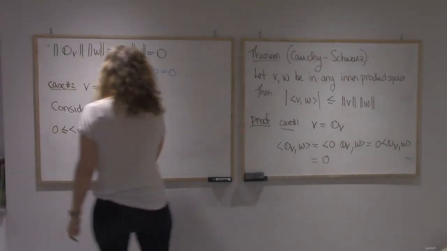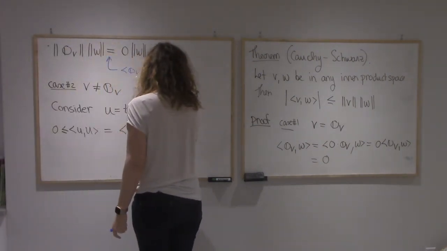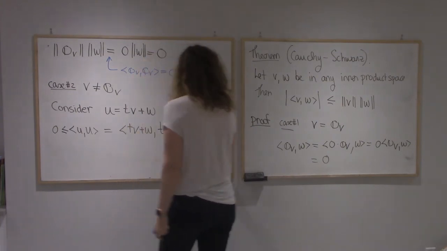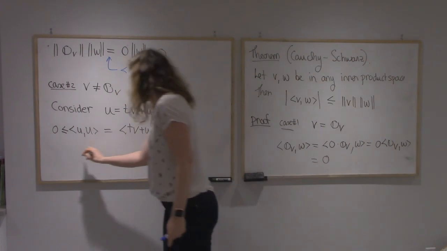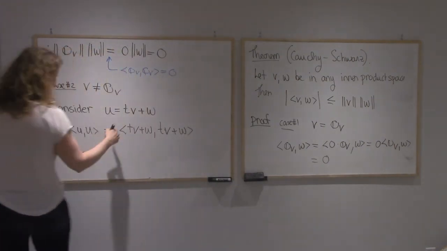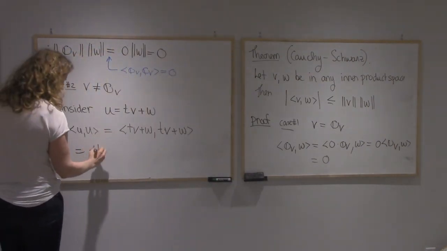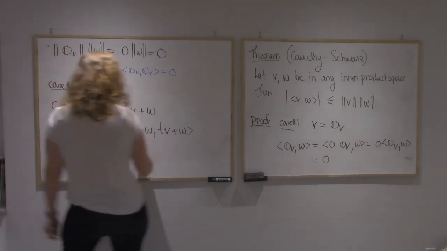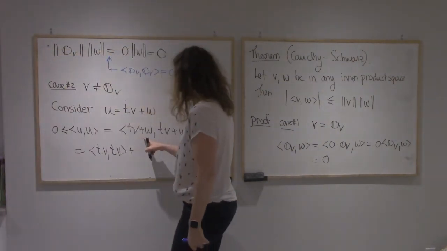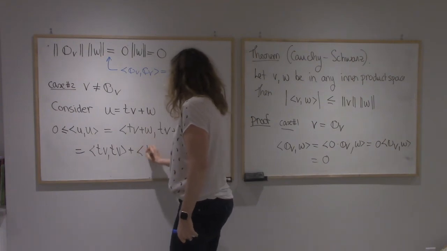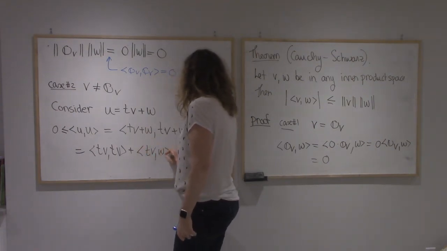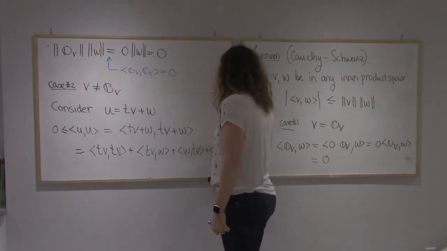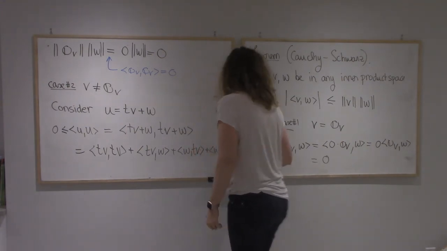Well, let's compute it. I'm going to multiply it out: ⟨tv, tv⟩ plus ⟨tv, w⟩ plus ⟨w, tv⟩ plus ⟨w, w⟩.